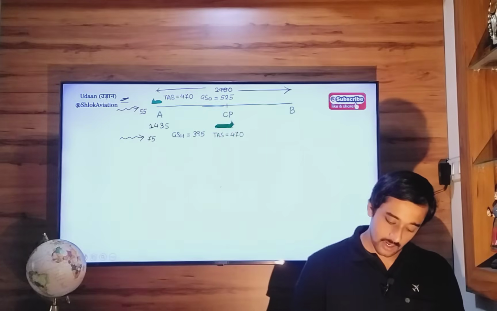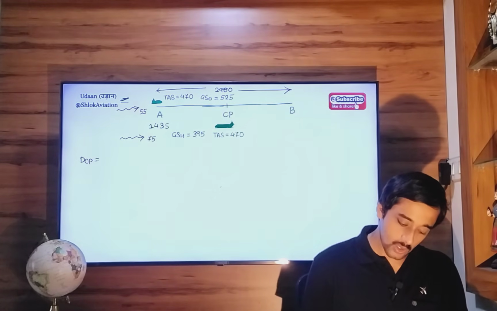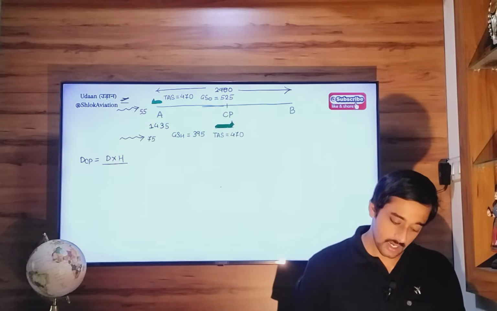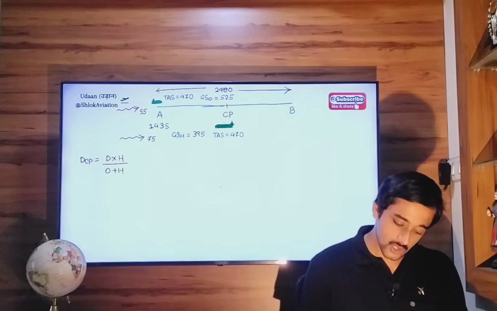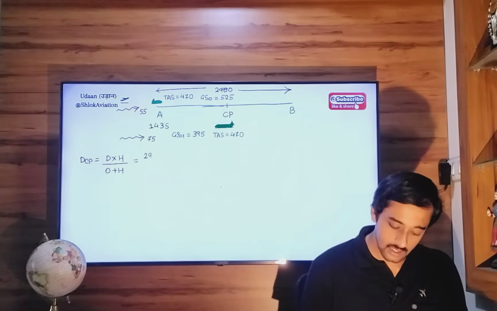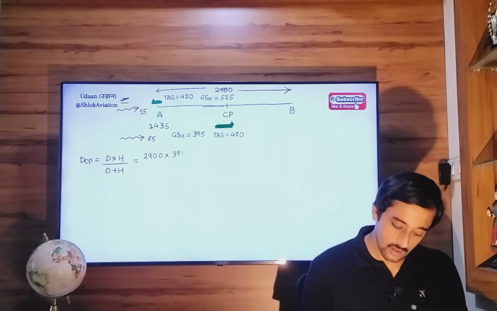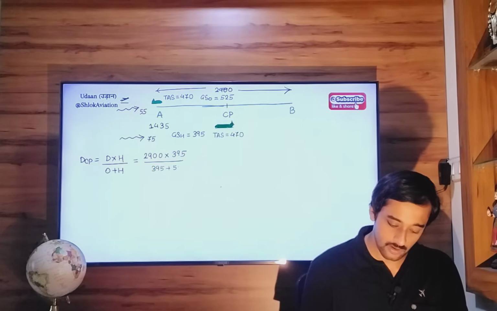Now let's find out distance to critical point. Total distance between departure and destination multiplied by homebound speed divided by outbound plus homebound. So total distance is 2900. Homebound speed is 395 divided by 395 plus 525.